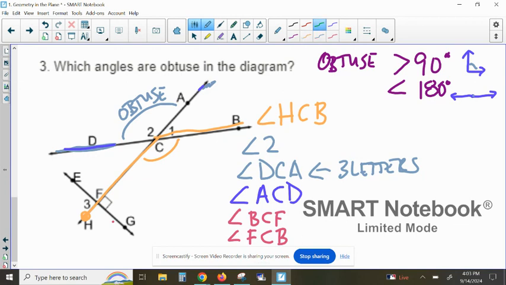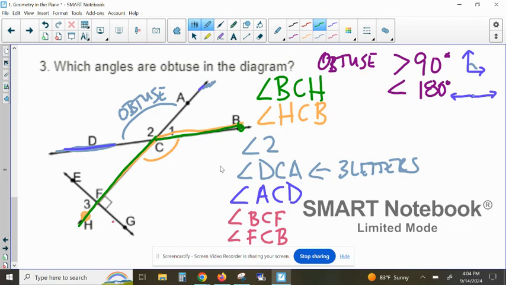And I can even go backwards from B to C to H. Angle BCH. So there are actually 1, 2, 3, 4, 5, 6, 7 different names for angles in this picture that are obtuse. So if you find any of the answer choices that have just these guys in it, then that's obviously going to be your pick. Okie dokie.